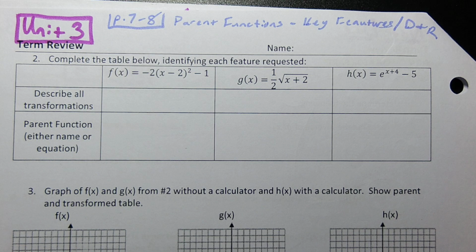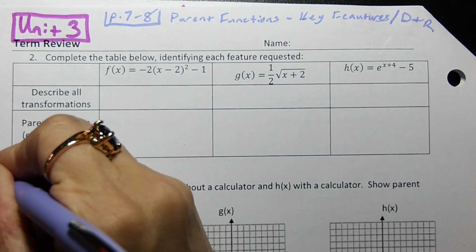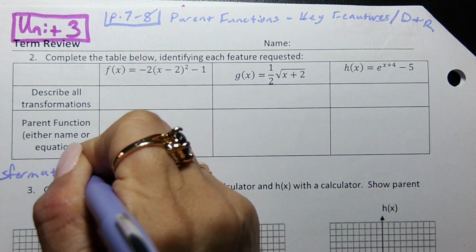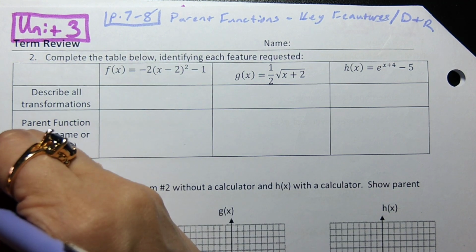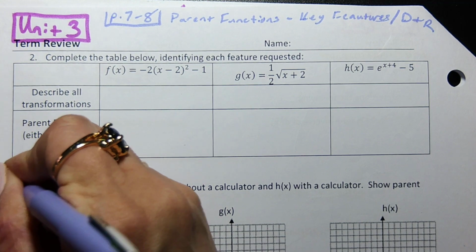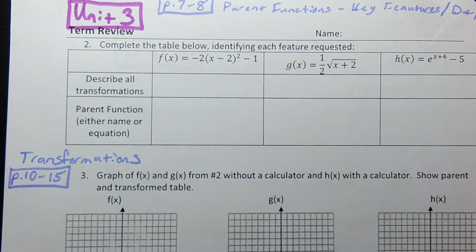So the other thing in this chapter was transformations. The big thing with transformations is they are located on pages 10 through 15 of the notes. It's kind of a large span, but we had fragmented sections on the shifts, the reflections, the stretches, and the shrinks.